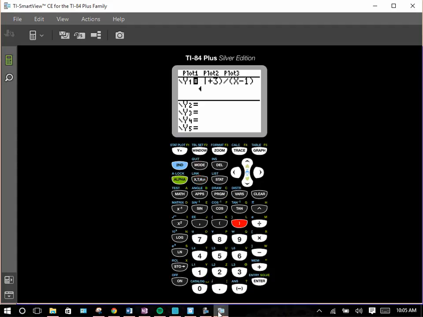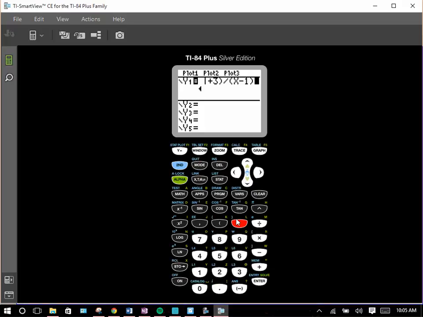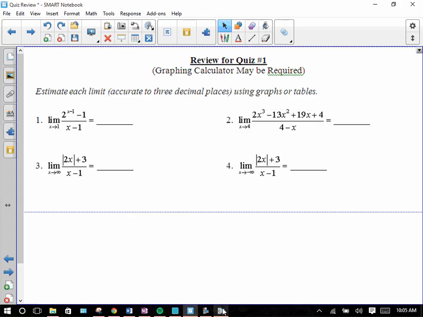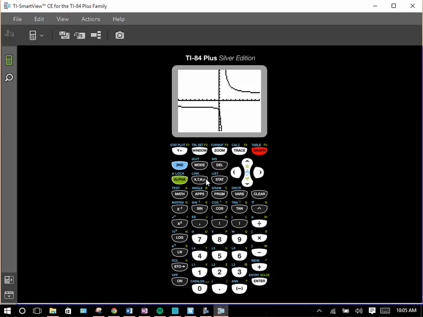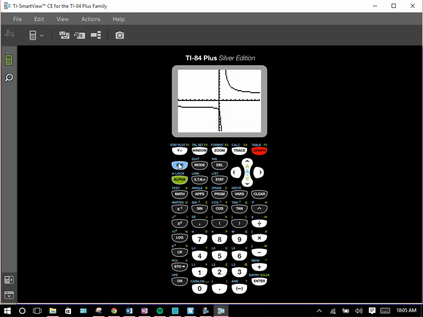I'm going to say that I want my limit to be negative infinity. So first of all, I'm going to graph this. And the nice easy way to do this is, it says x approaches negative infinity, so I'm just going to go to my table on my second window.